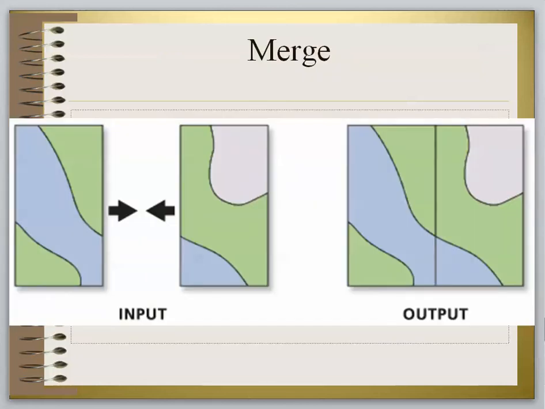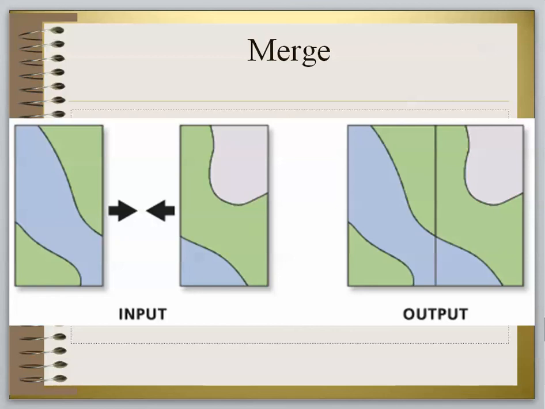Now, by data management, what if you had, say, in this example here, you see 2 different layers that suddenly become one big happy layer. Let's just say you were doing a study of different regions of the United States, and you had one layer that showed the Midwest states.